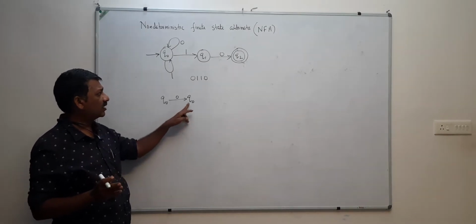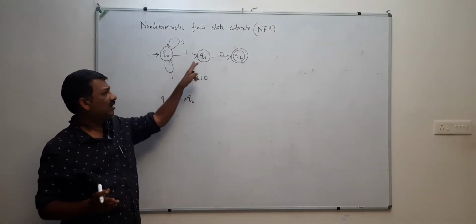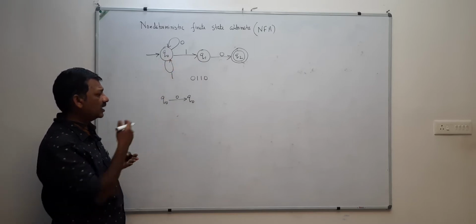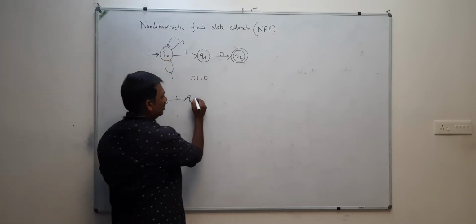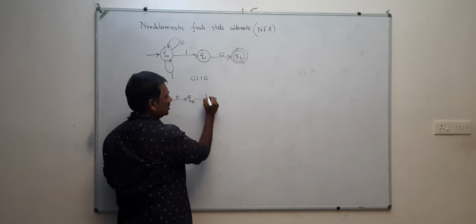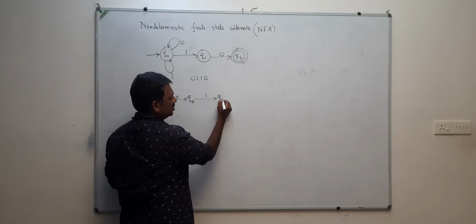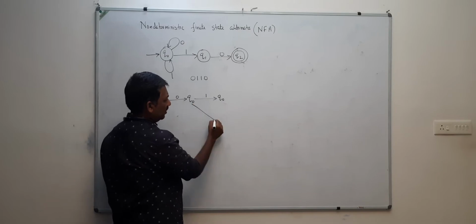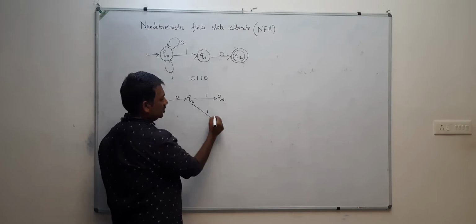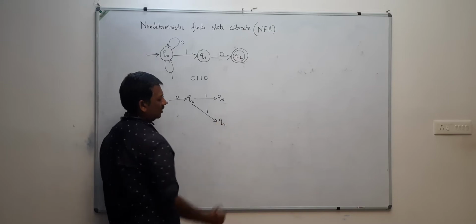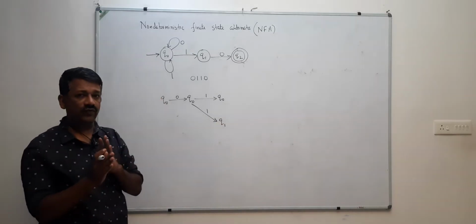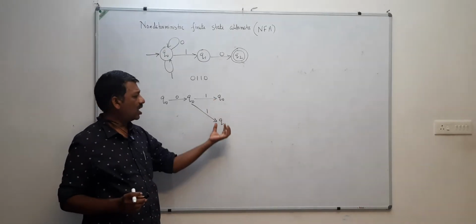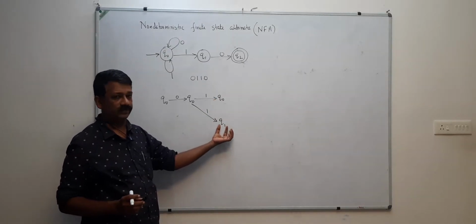One finite control is going this path and the other is staying in the same state. That means upon reading 1, one of the finite controls is staying in state Q0, and the other is switching to the state Q1. Now you have two finite controls. One is in state Q0 and the other is in state Q1.